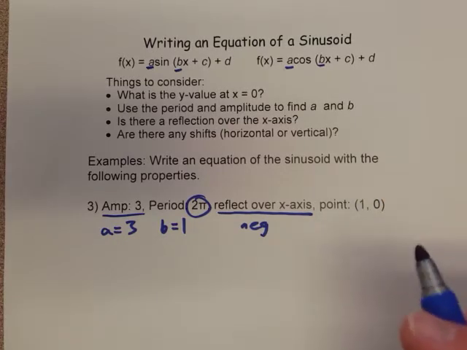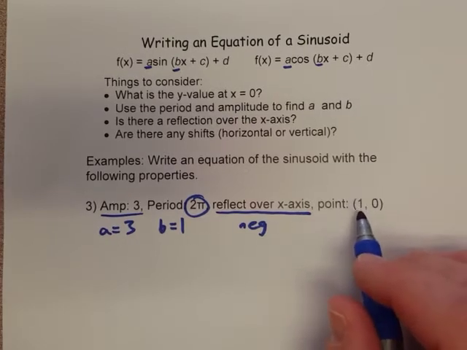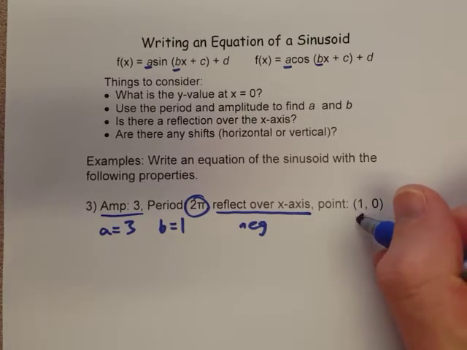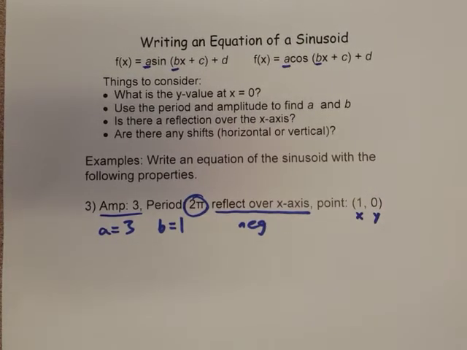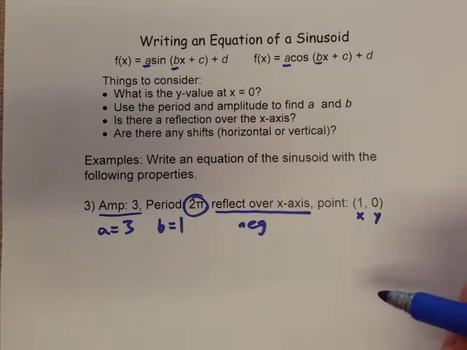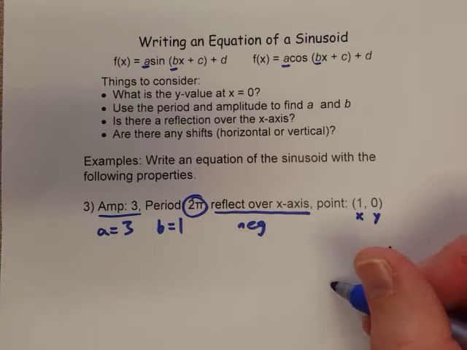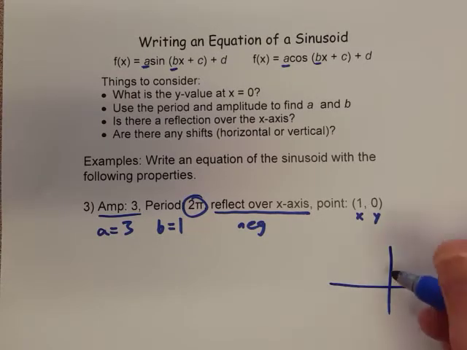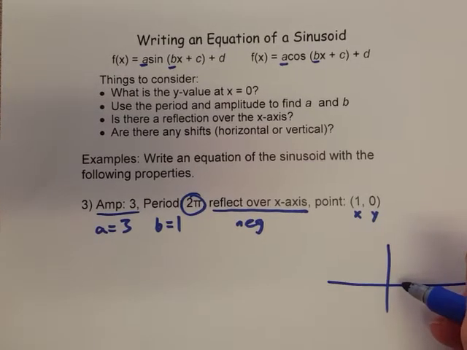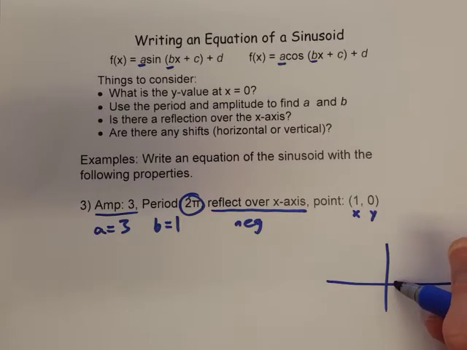But I want you to really think about this. When the point is 1, 0, remember that we have an x and a y point. So I'm not talking about moving up, I'm talking about moving over to the right. So if I've got my graph, this point isn't right here, it's going to be right here instead.